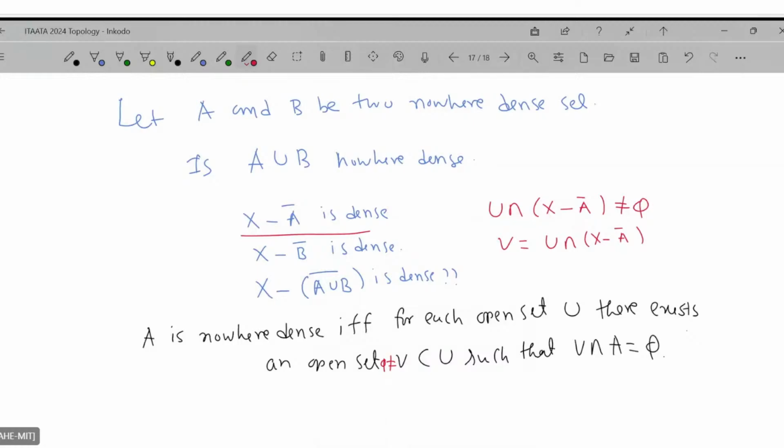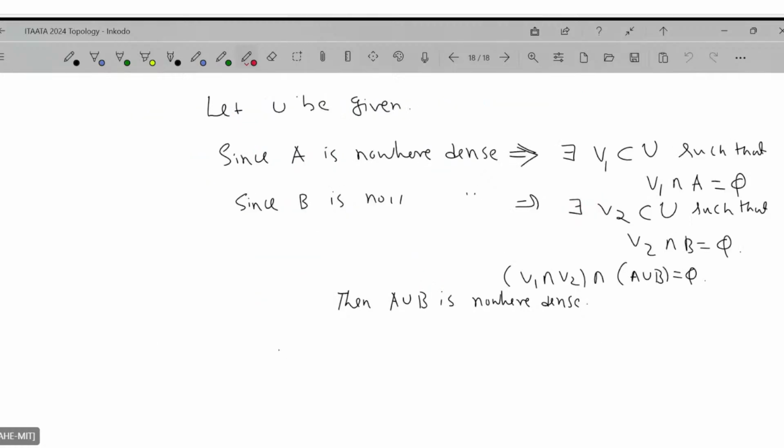Okay, just a minute. I think this is a problem I'm facing over here. This V1 intersection V2 can be empty. So then what will you do?